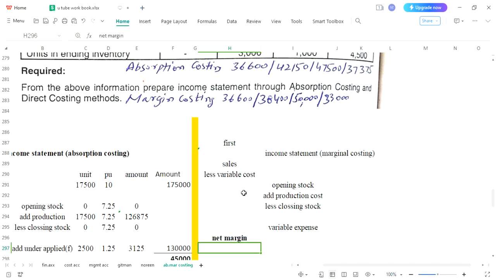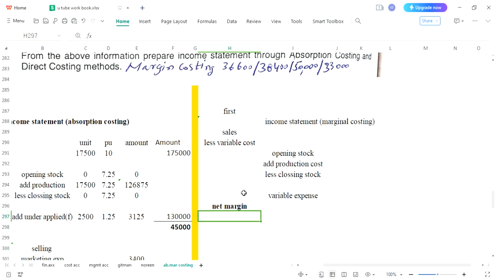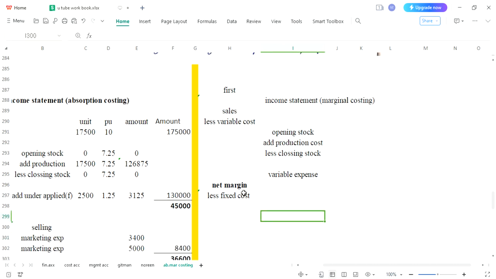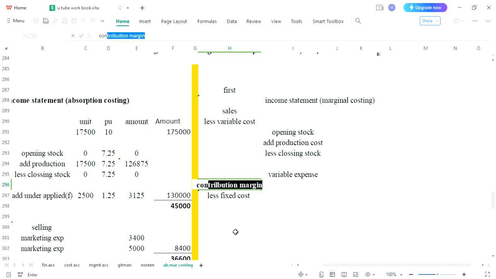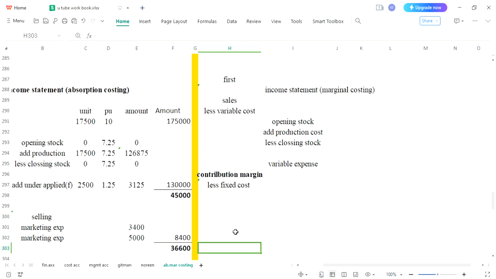In this way, we will complete half part of the question. Then we need to subtract all types of fixed cost, whatever the methodology is, whatever the concept is. If it is fixed cost, you will write over here. Then we'll be able to calculate our contribution margin, and then we will finally calculate net margin, and this net margin would be calculated by subtracting fixed cost from contribution margin.